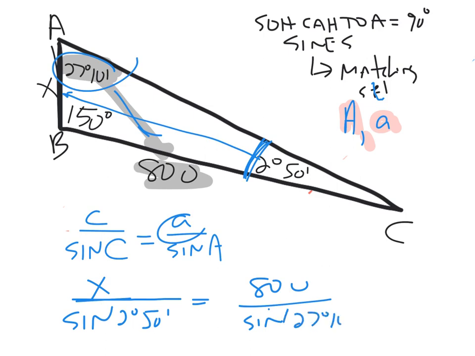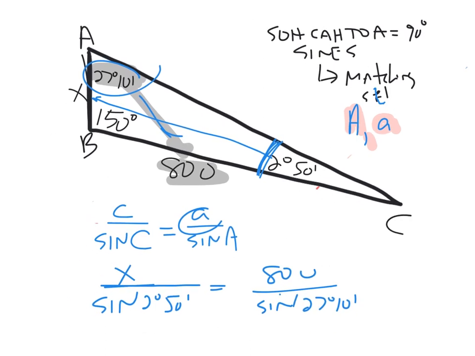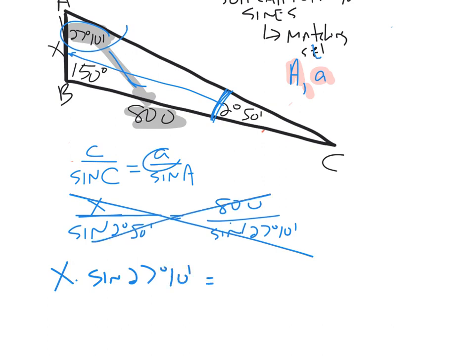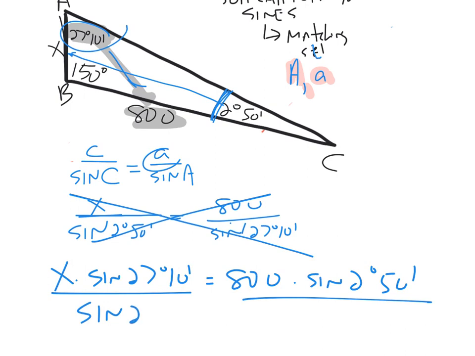So here I'm using the law of sines, so I'm going to cross multiply. X times the sine of 27 degrees 10 minutes equals 800 times the sine of 2 degrees 50 minutes. And here to solve for x, I'll divide both sides by the sine of 27 degrees and 10 minutes.